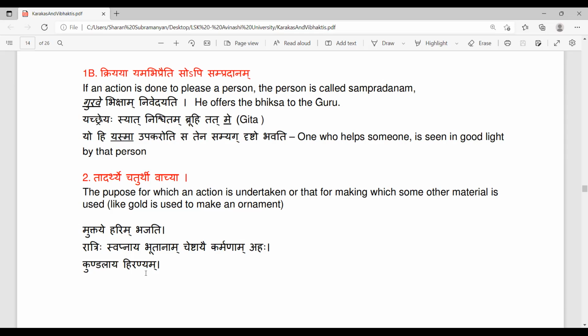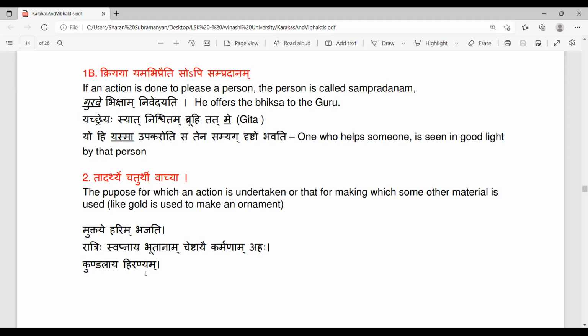The gold is there for what purpose? To make the Kundala. So Kundalaya Hiranyam. For making Kundala, the Hiranya, the Swarna is used. Therefore, Kundalaya Hiranyam. So that also will be Chaturthi. This is the famous Tadartya Chaturthi.